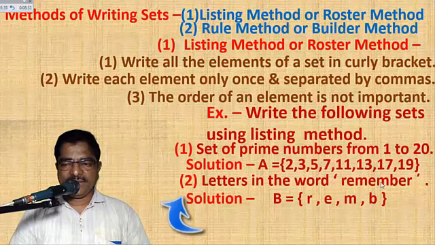Then M, the next letter, we already wrote here. The next letter is B. B we write here. Then the next letter is E, but we already wrote E here. Then the next letter is R. R also we already wrote here. Therefore R, E, M, B. This is the listing method solution. Any element we cannot write repeatedly.